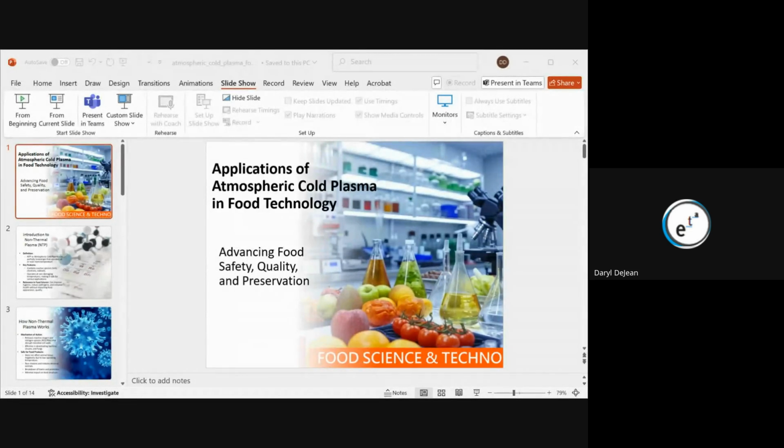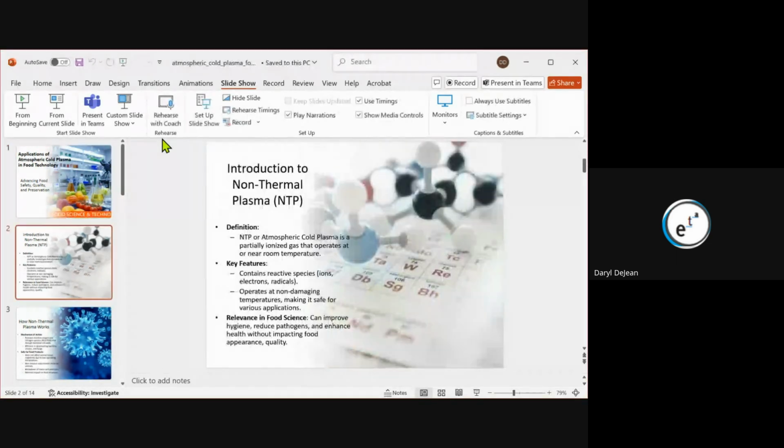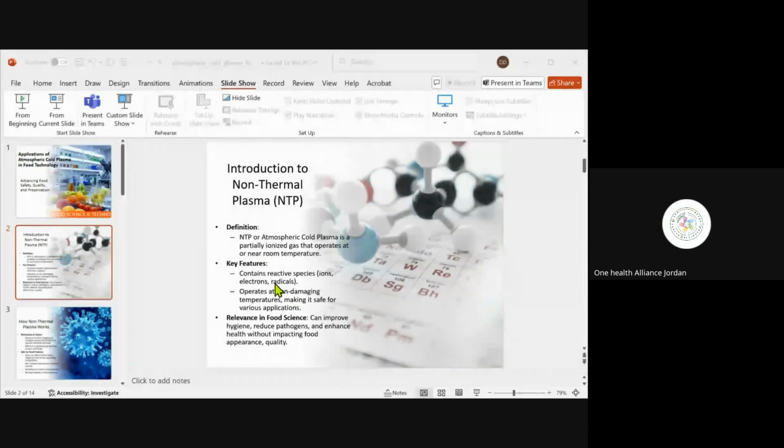I've never used Google Meet, so I'm sorry. That's okay, Professor. Maybe you can just click at the main slide. So you see the first slide, which is application, right? I just click, I see the next slide, but you don't, correct? Yes, we can see it now. Introduction to non-thermal plasma. Okay, I see what I have to do. Now you see it? Yes.